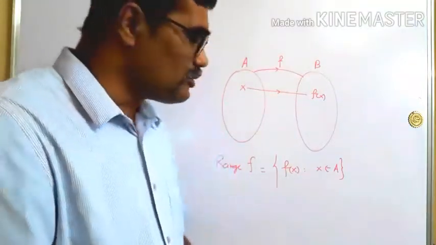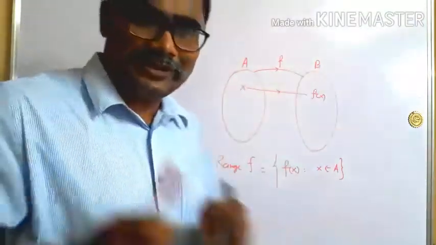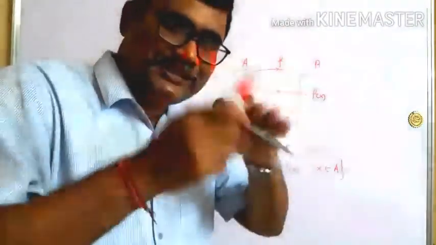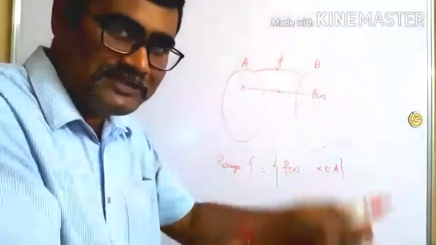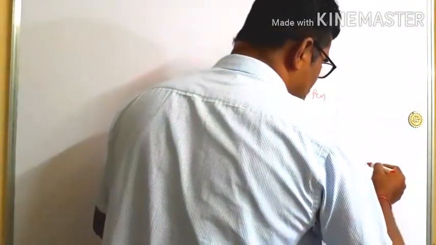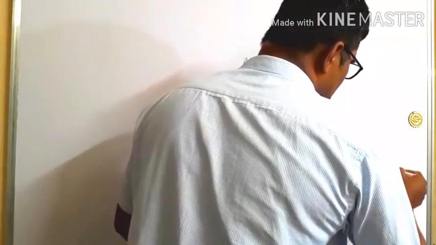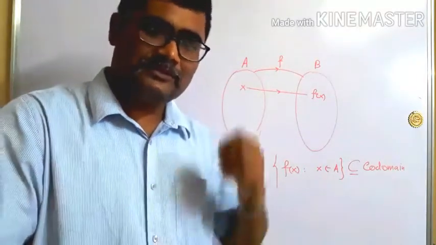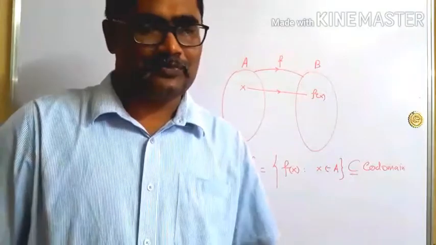And the range is always a part of the codomain. Already you have seen, sometimes the whole codomain might come as the range, or else some elements will be left out, but no extra elements will come. So it is always a subset of the codomain. The range of a function is always a subset of the codomain. A very important part. Subset, why? Because sometimes it may be equal also.